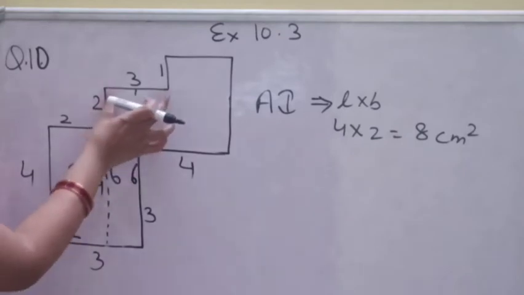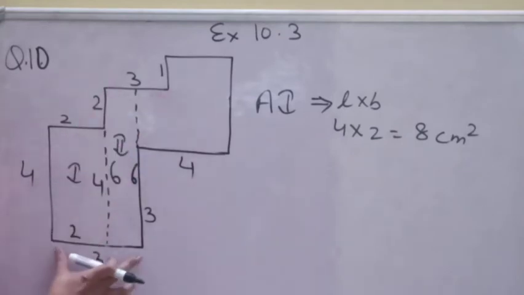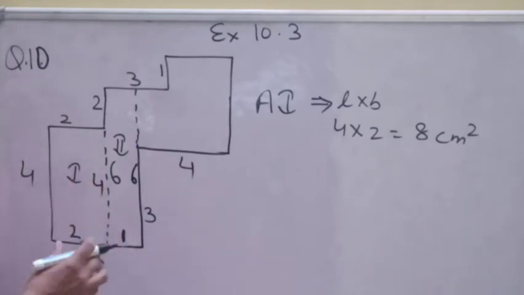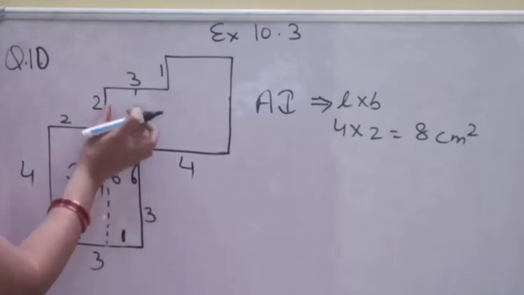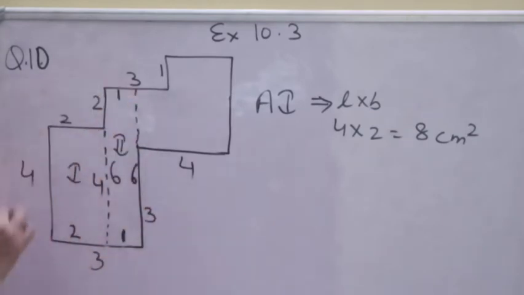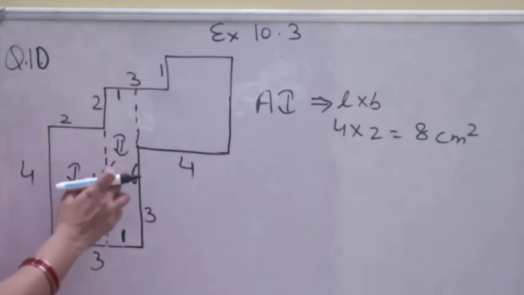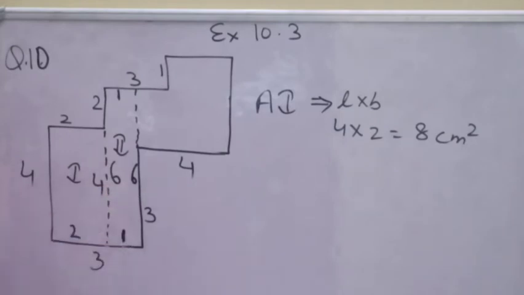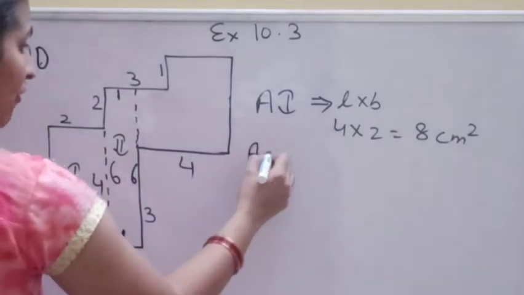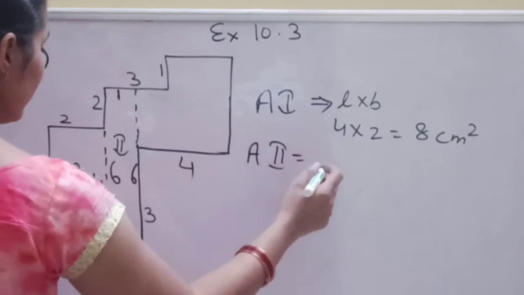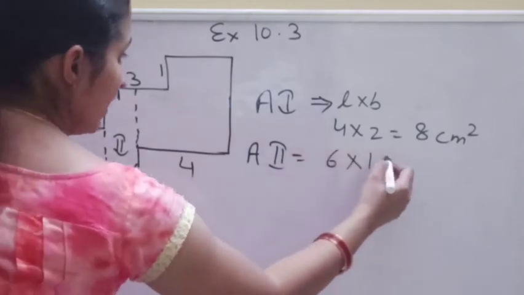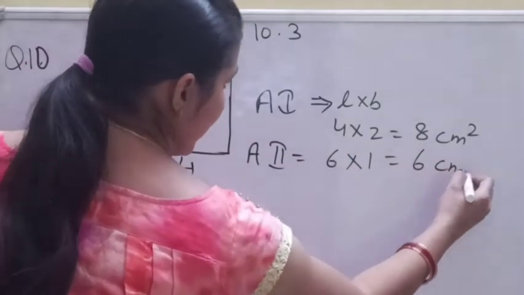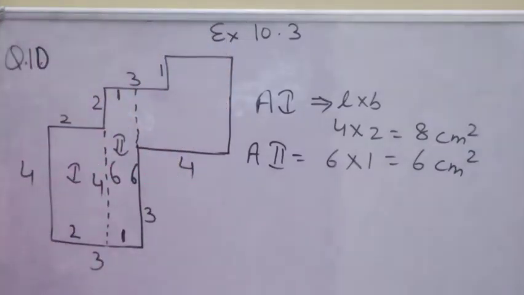Now this complete is 3 and this much is 2. So this left part is 1. If this is 1, then in front of this it is also 1. So now your second rectangle is with length 6 and breadth 1. So area of second rectangle is 6 into 1, that is 6 centimeter square.